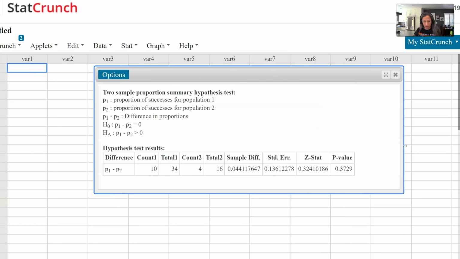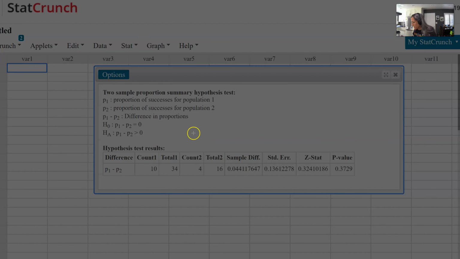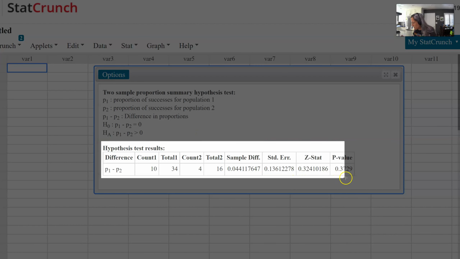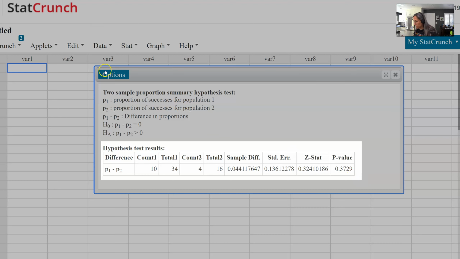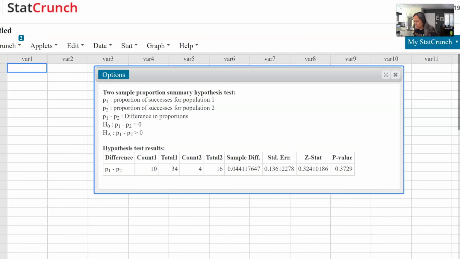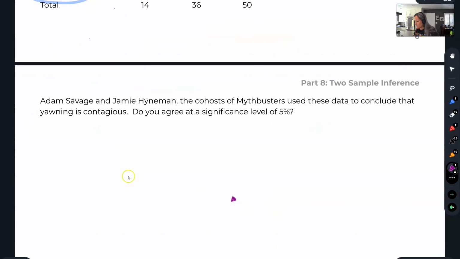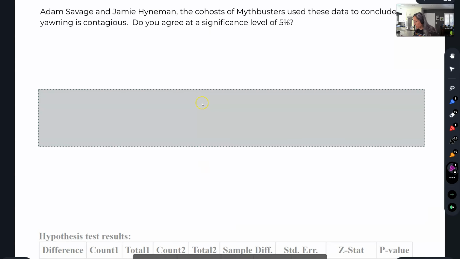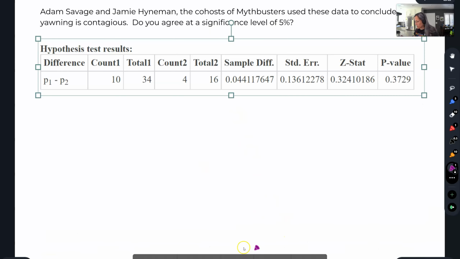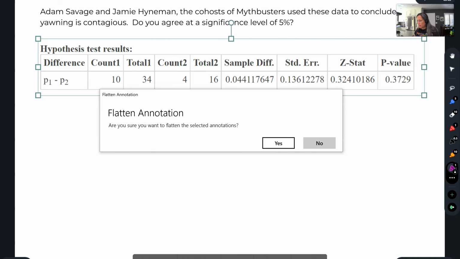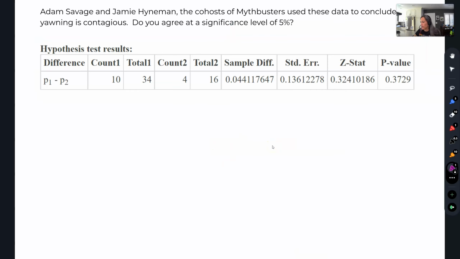It looks like we have a difference of about 4% between these two groups, which gives us a very unremarkable and unimpressive z-score. There's definitely some stuff helping them out here in terms of their conclusion, but not a whole lot.